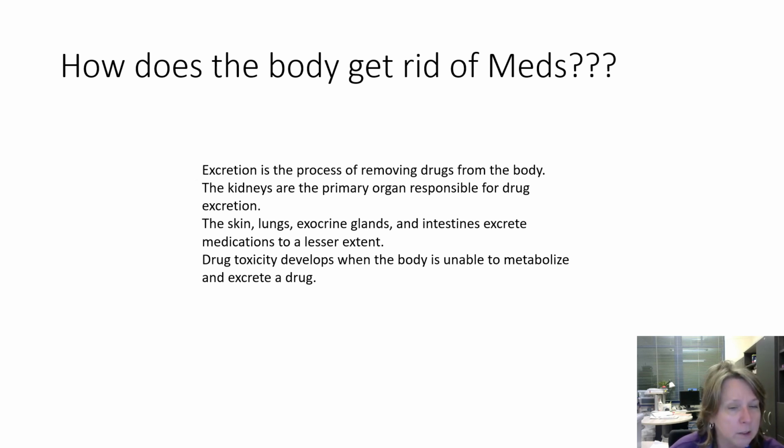Now, you might not see it on a test question this round, but every time we look at any disease process, any patient as we move forward, if they've got a problem with metabolizing and excreting, and we just said it's the kidney, the liver on the other piece, skin, lungs, that kind of thing, if they're unable to metabolize it and excrete it, we're going to probably have drug toxicity. So we need to understand that. Ding, ding, ding, understand that. Don't think you'll see it this round, but you will see it soon.